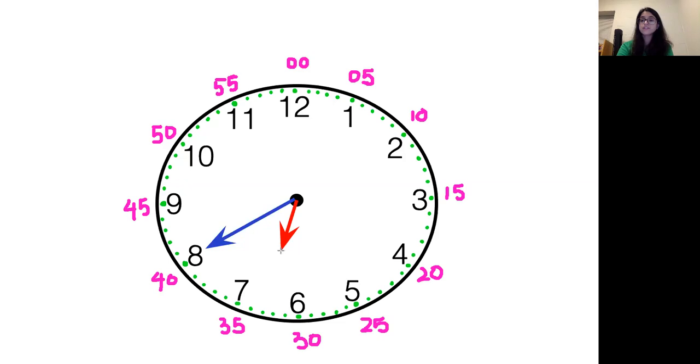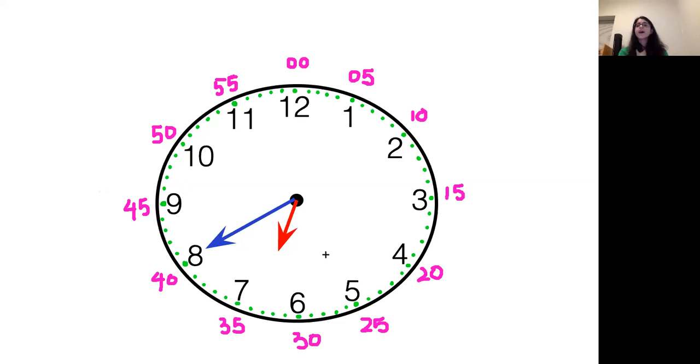However, since it's 6:40, it's a little bit closer to 7. So a little bit not in the middle, closer to 7. And then as it reaches 45, it's smack in the middle of this area right here. And then as it reaches 7, the shorthand will be on 7 and the longhand will be on 12.